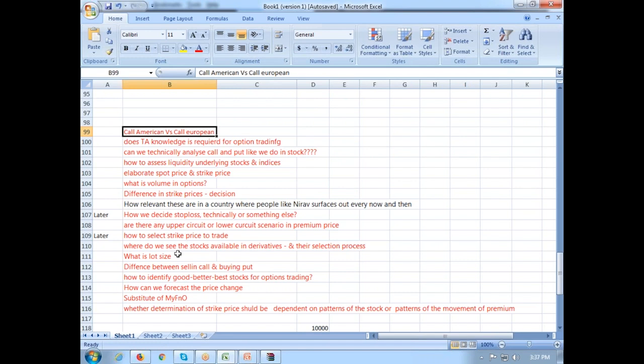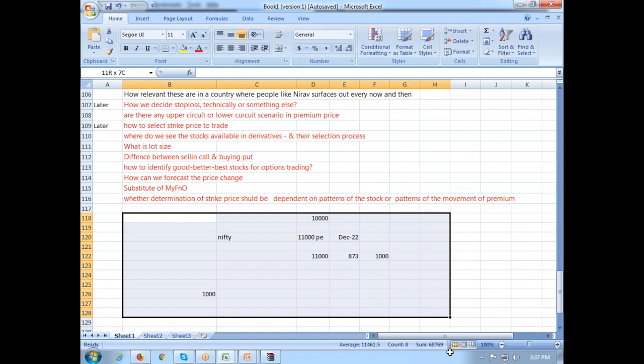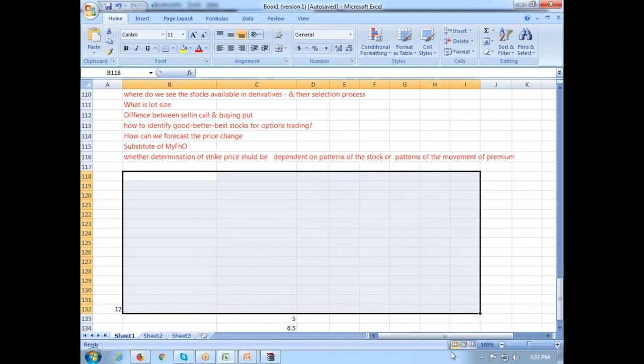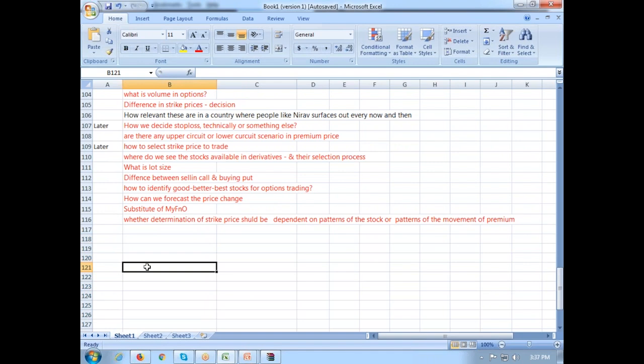Now let's come to Nirav Modi. How relevant are these in a country where people like Nirav Modi surface every now and then? I can have a patriotic answer. I can have a different answer as far as the market is concerned. But let me give you a very good observation of mine. The most affected counter with the Nirav Modi saga was PNB.